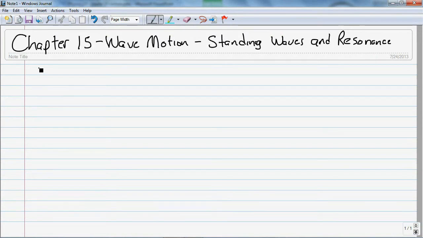So the definition of a harmonic is actually very simple. Our nth harmonic is equal to n times the first harmonic. So if we want the second harmonic, we just insert 2 for the n, and that's how we would get our harmonics.